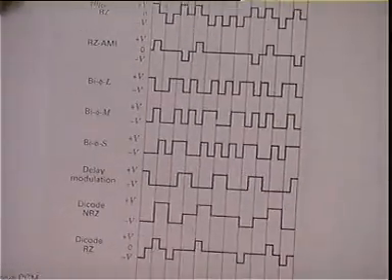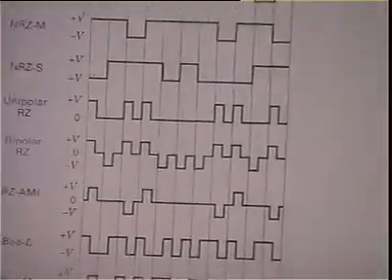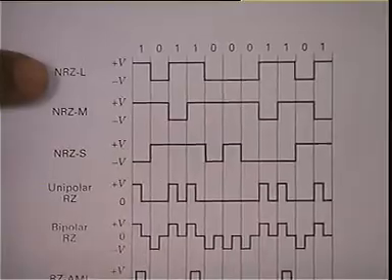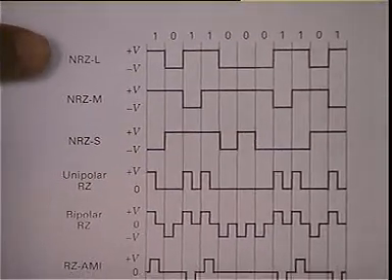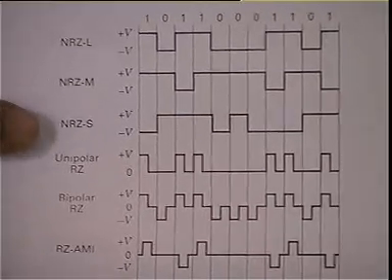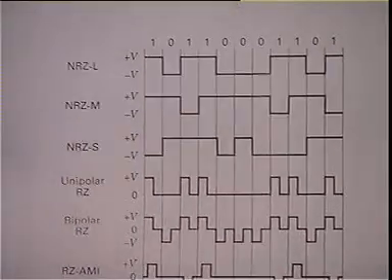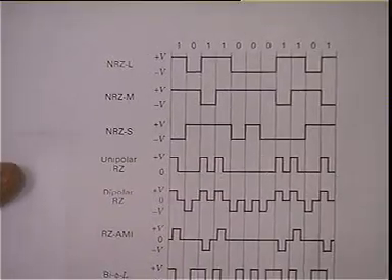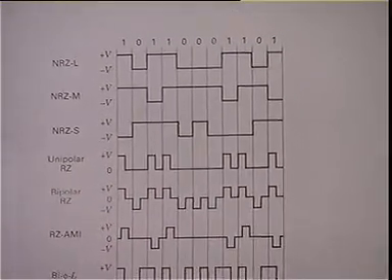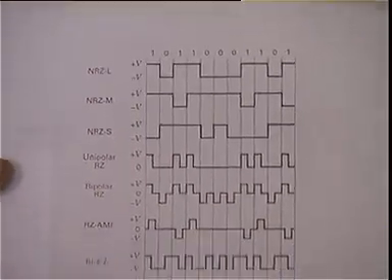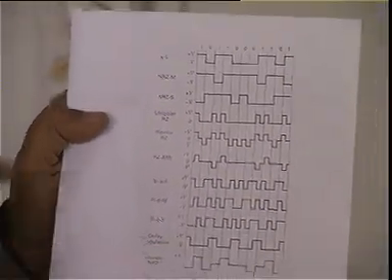Now NRZ means non-return to 0, and the last alphabet that you see, L, M or S, indicates line, mark and space. Now this line, mark and space are all telegraphic symbols which we derived from telegraphic notation. Line codes in earlier times were used popularly in telegraphy.